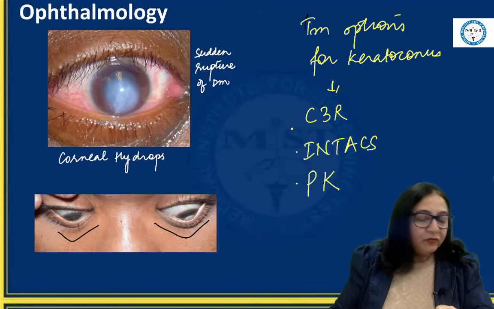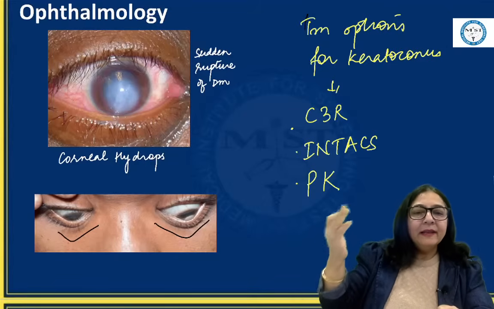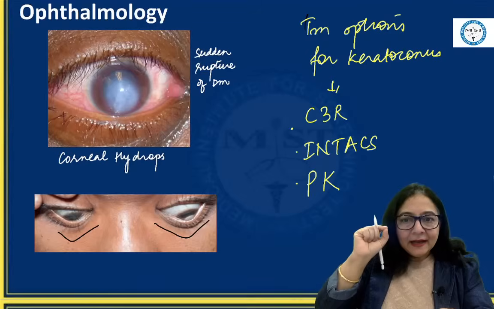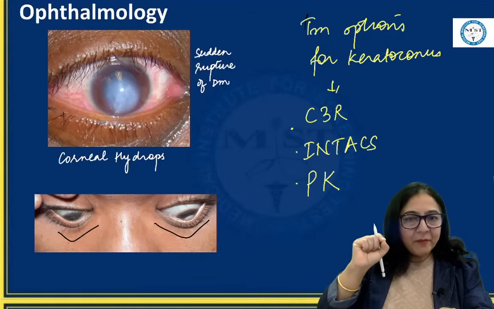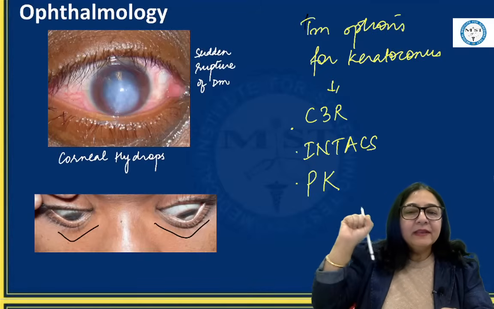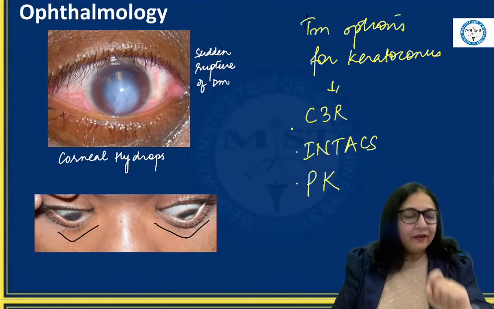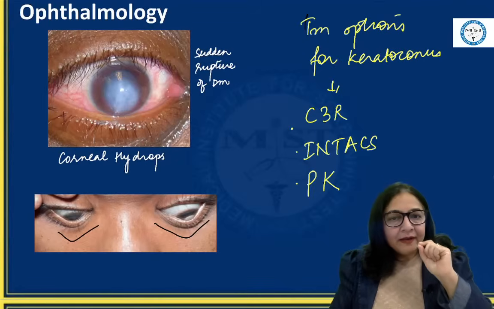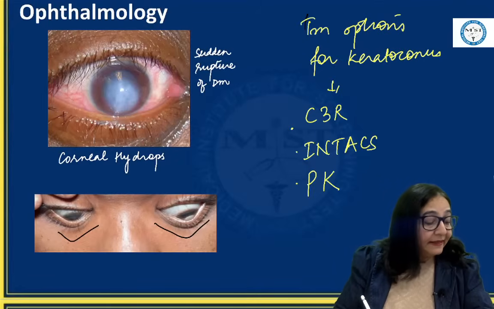Okay? So this is not required at our level, but in corneal hydrops we can inject a small gas bubble or air bubble in the anterior chamber, which will help in reducing the corneal edema. Okay? No, here we will not call it intravitreal. Here we call it intracameral, that is, in the anterior chamber.